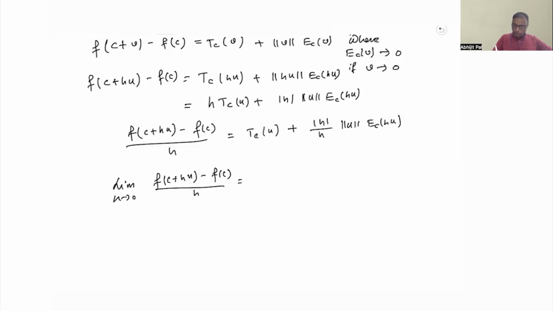So this will be equal to T_c(u), and if I take the limit h tends to 0 here, this whole thing will tend to 0.